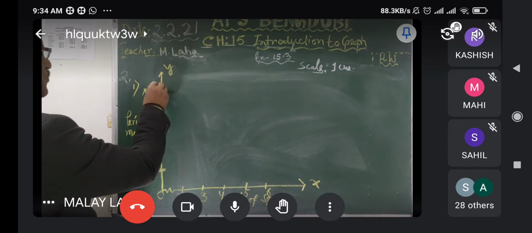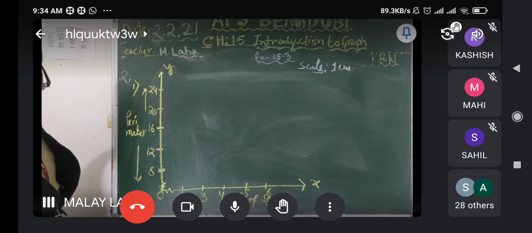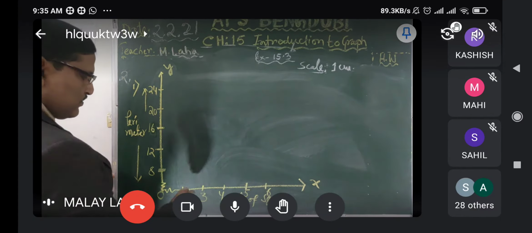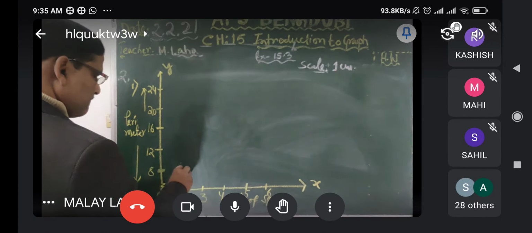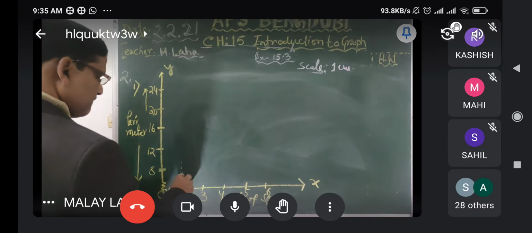I have taken the table of 4. It started from 8, so there is a zigzag in this. Now if I draw a perpendicular line from 2, when 2 is the side, the perimeter is 8. When 3 is the side, what will the perimeter be? 3, 3, 3, 3.